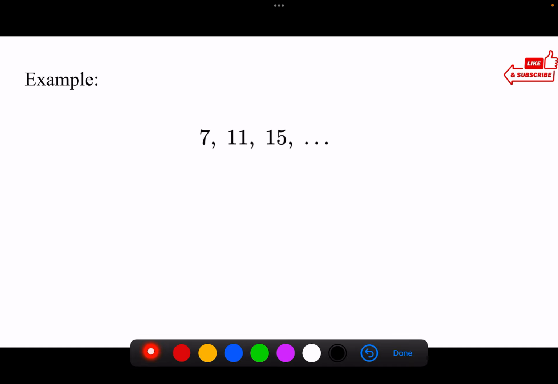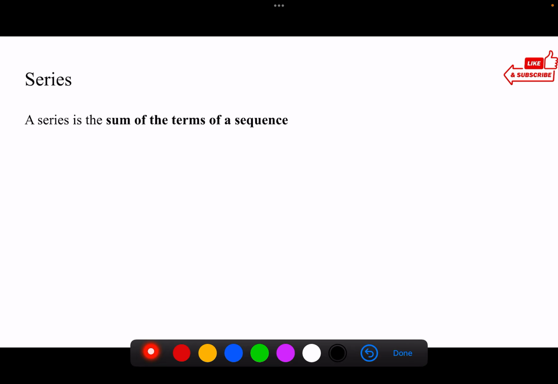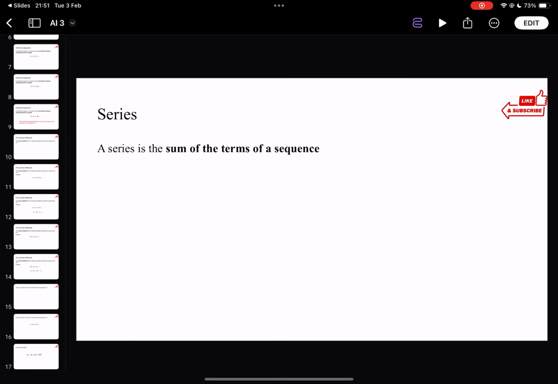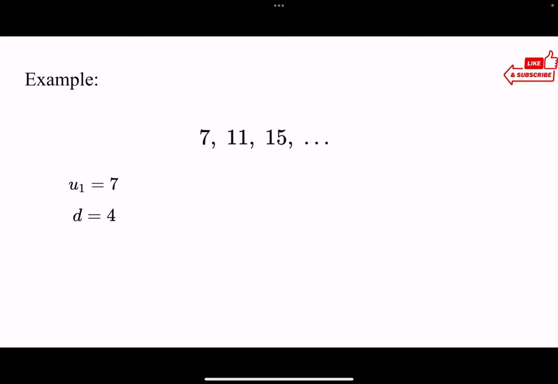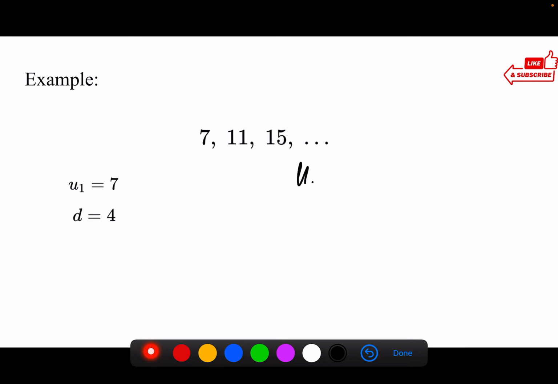So here we have an example: 7, 11, and 15. u1 would be 7, because that is the first term. d would be 4, because to go from 7 to 11, you have to add 4. To go from 11 to 15, you also have to add 4. Now we simply apply the formula. The formula was u sub n is equal to u1 plus n minus 1 times d.